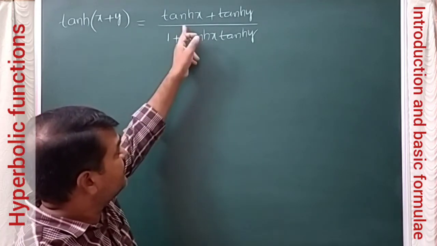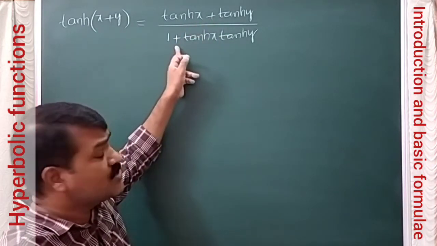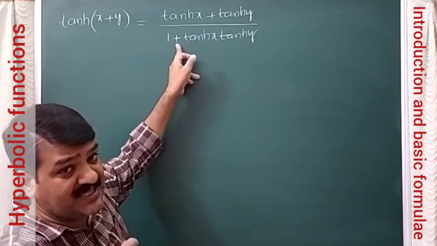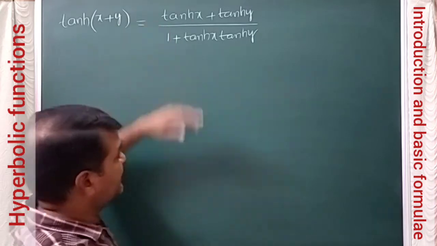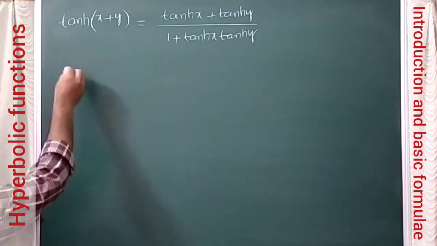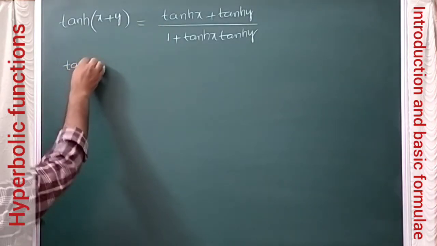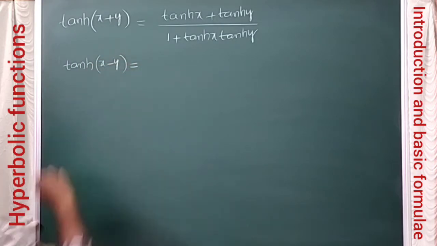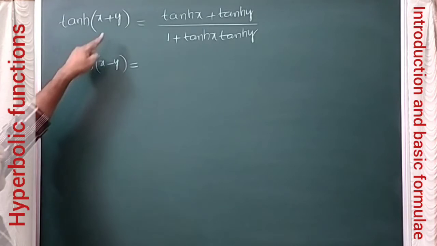But here plus, here also plus is there. For tan of a plus b, here minus should come actually in the trigonometric function. That is different.